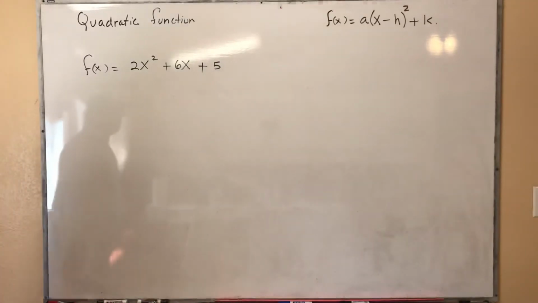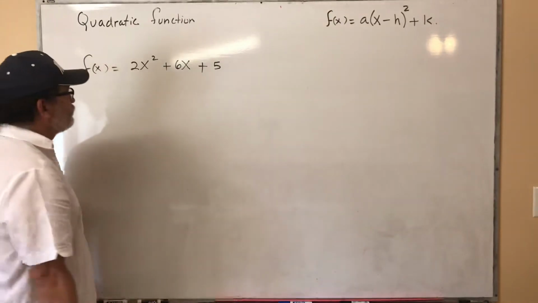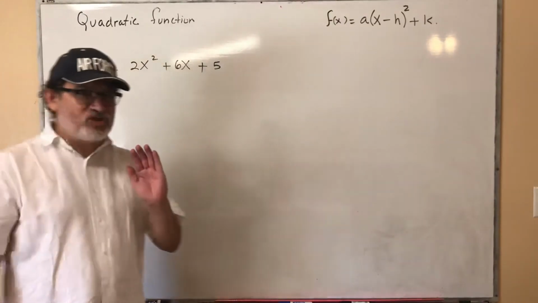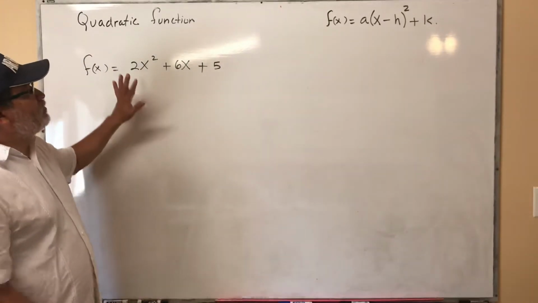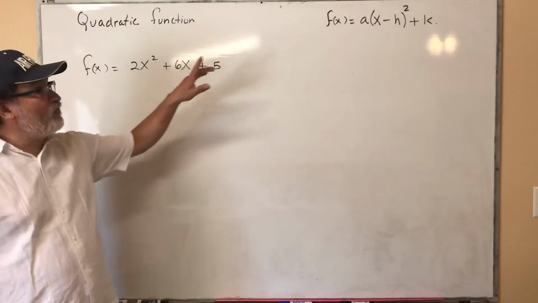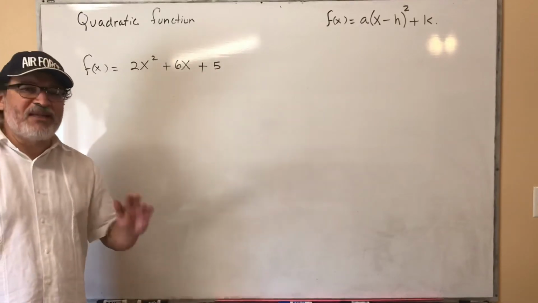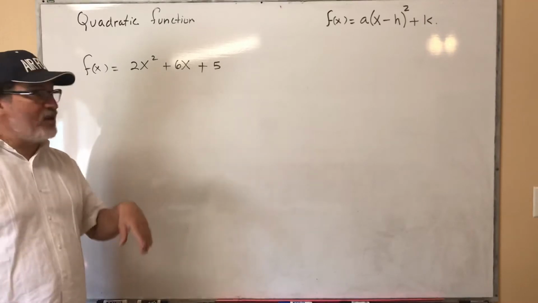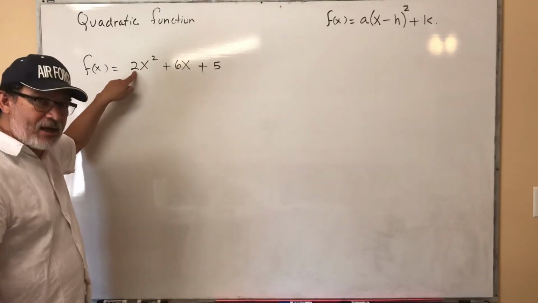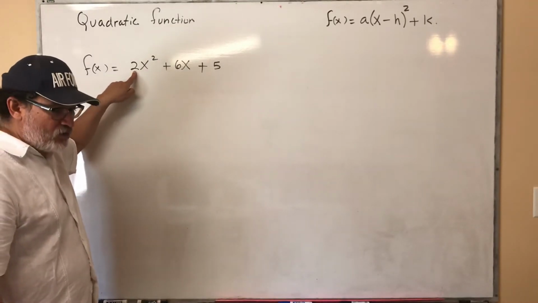I'm going to show you how. Okay. The first thing to do is, well, to get this one into that form, we need to complete the square. And when you complete the square, the leading coefficient must be 1. Okay? So here's what I'm going to do.